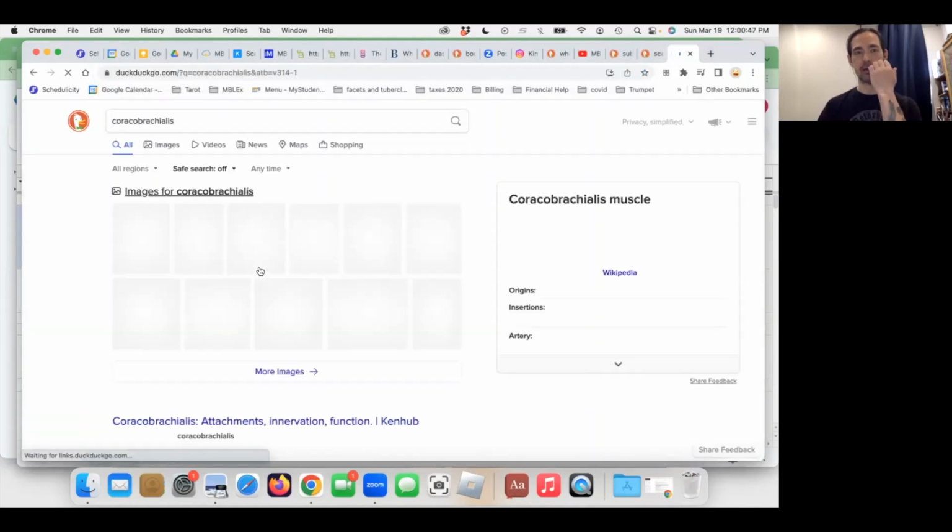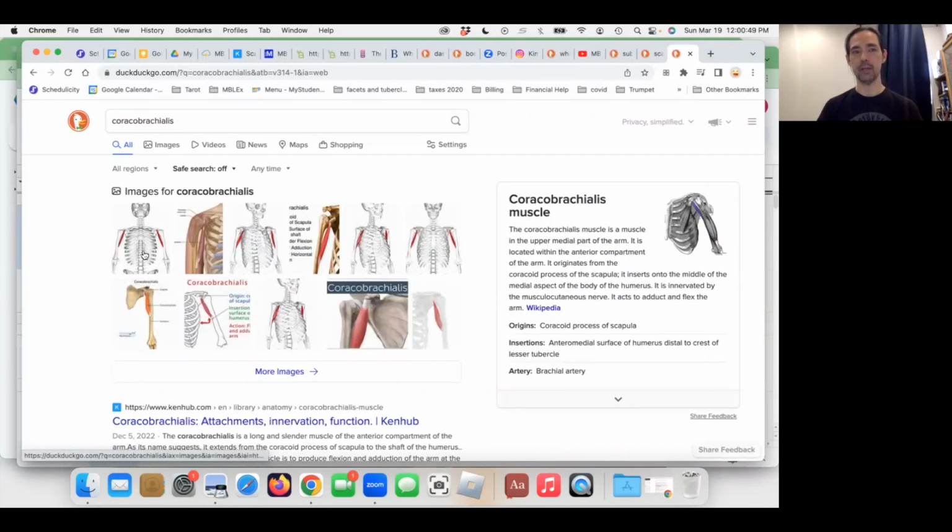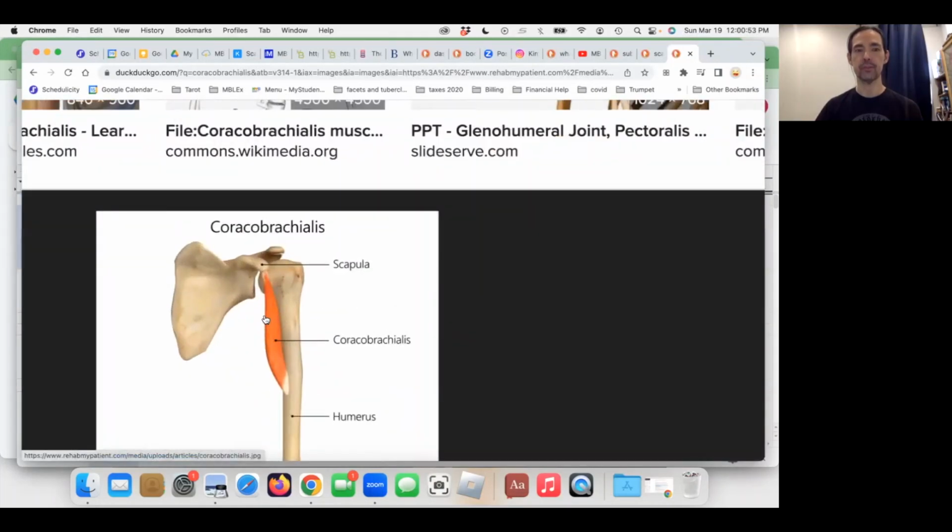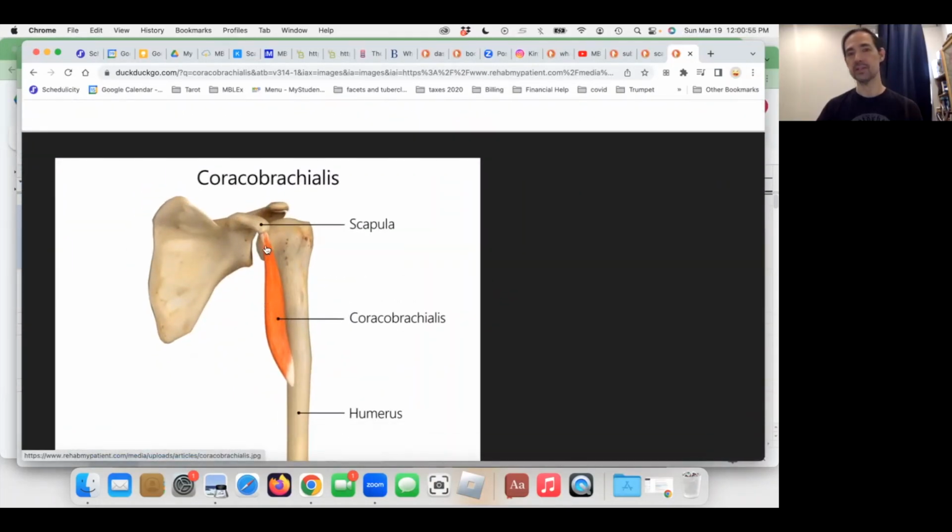You may remember that, or you may not, but it's a muscle that is kind of a synergist for the biceps, right? You can see that it has a small origin site, so it's not going to be a strong muscle. It's a smaller biceps with one belly. The biceps is two bellies, but it attaches to the humerus. It's sort of a synergist for shoulder flexion.